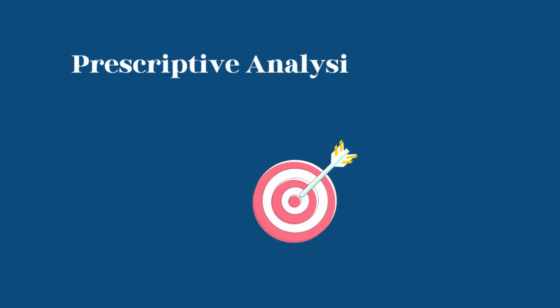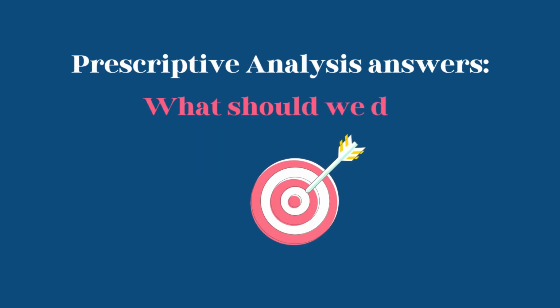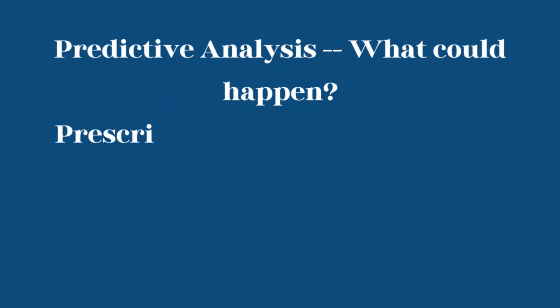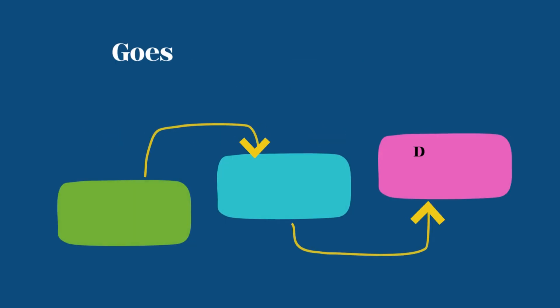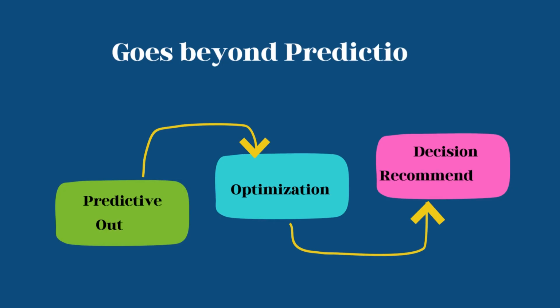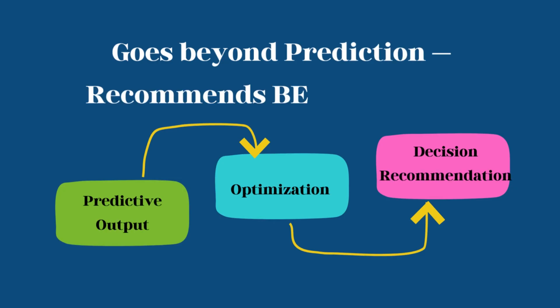Finally, we reach the most advanced and actionable stage of analytics, prescriptive analysis. If predictive analysis tells you what could happen, prescriptive analysis tells you what you should do about it. Prescriptive analytics combines mathematics, statistics, computer science, and machine learning to go beyond insights and directly recommend the best course of action.